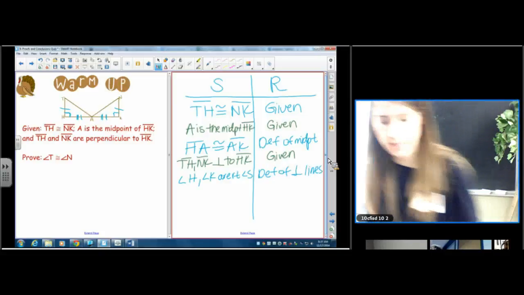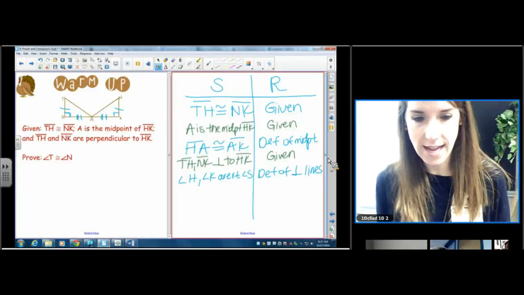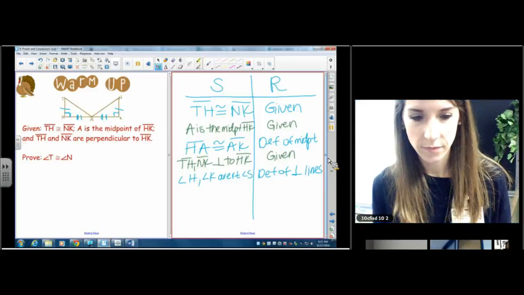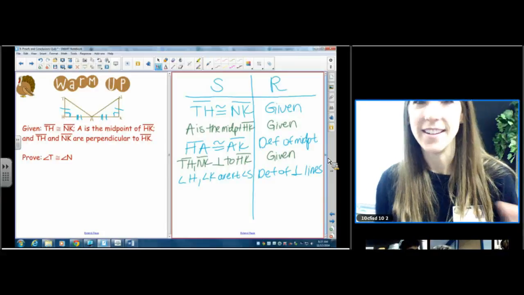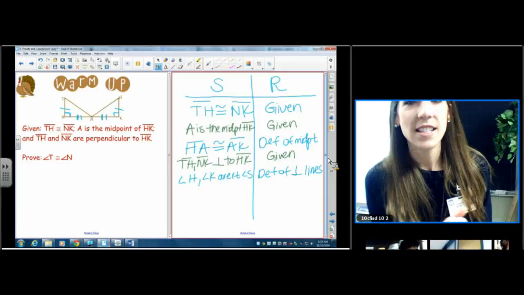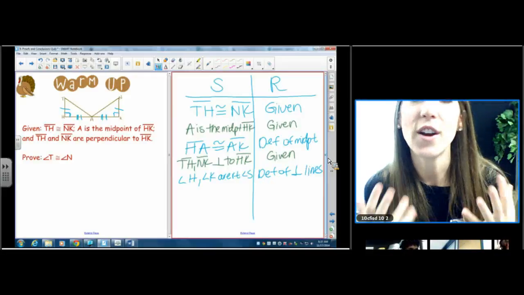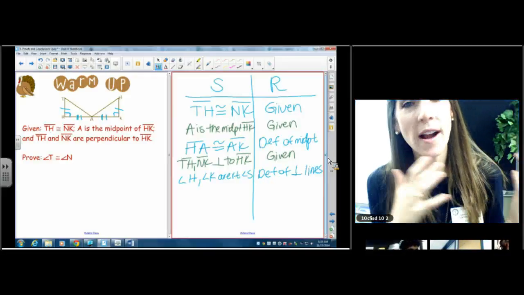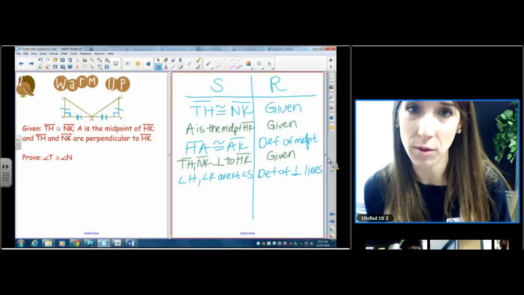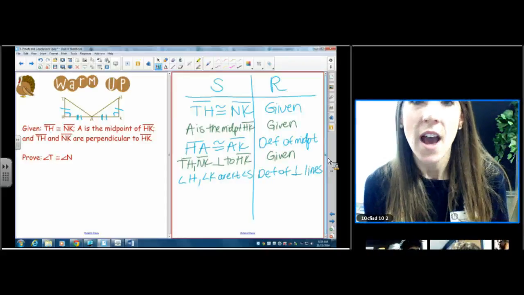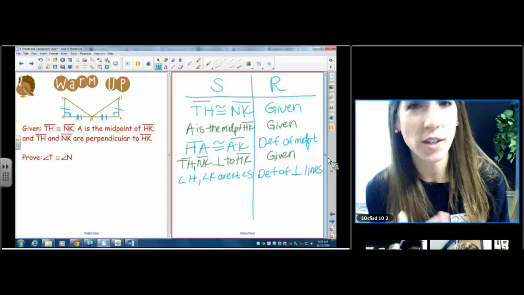That was perfect. Alexandria, what do we want to say next? Chloe. Okay, we're going to go with Chloe. Very good. Okay, guys, just because you say that 2 angles are right angles, you haven't stated that they're congruent yet. Remember, we're trying to prove 2 triangles guilty of being congruent. They can't be congruent unless we prove that their corresponding parts are congruent.